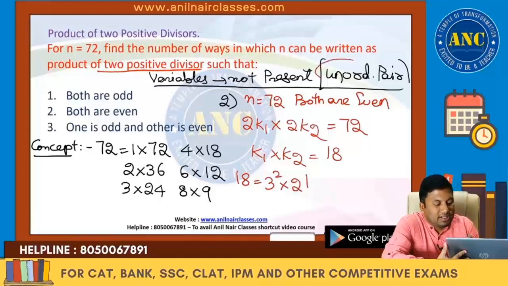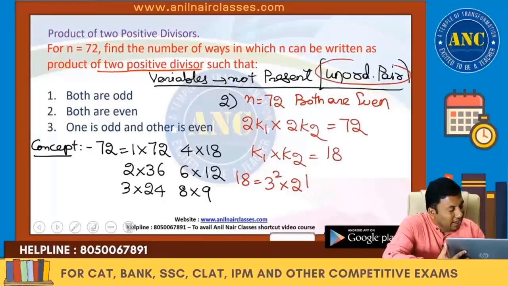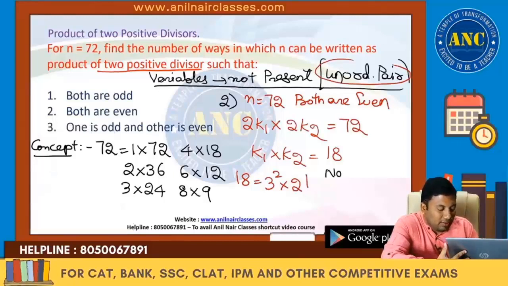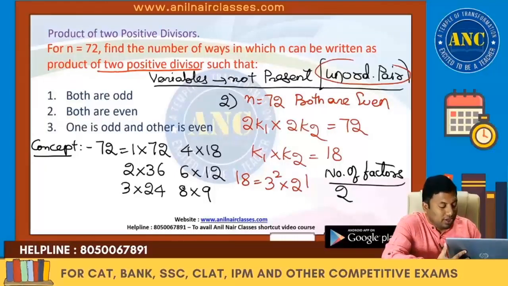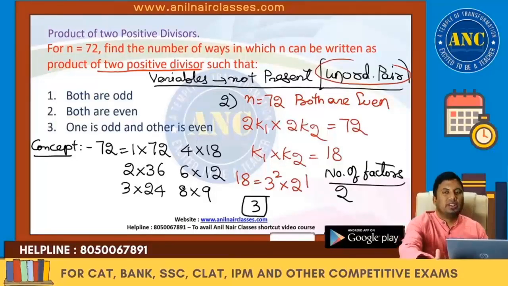First of all, it is an unordered pair, and 18 is a non-perfect square. So the answer is the number of factors divided by 2. So 3 into 2, 6. 6 divided by 2, 3. I hope it is clear.